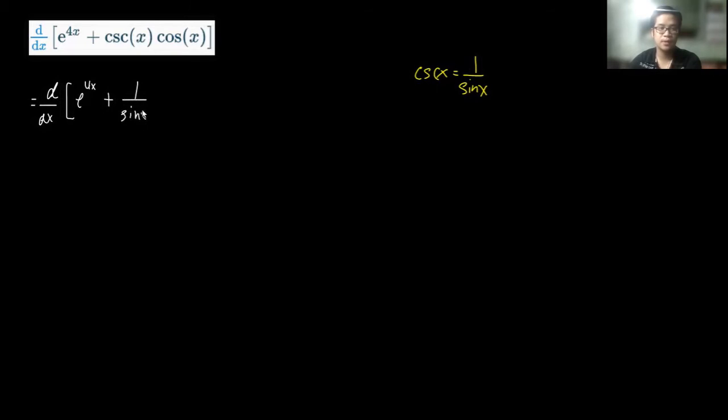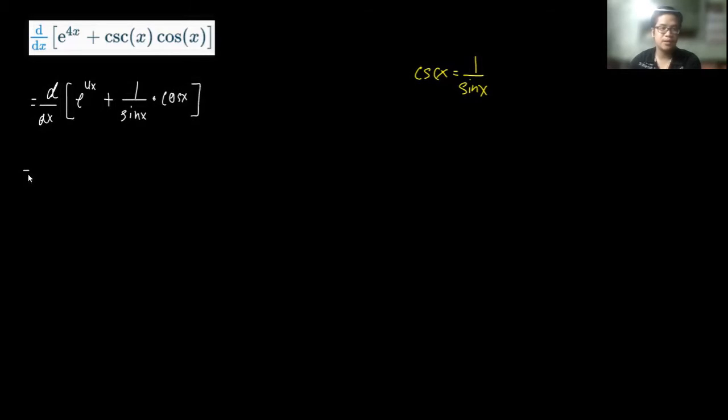Let's have a short recall. Cosecant x is equal to 1 over sine x, right? One of the trigonometric identities. So I can simplify this one. If cosecant x is equal to 1 over sine x, therefore I'll have e raised to 4x plus 1 over sine x times cosine x. That's it.